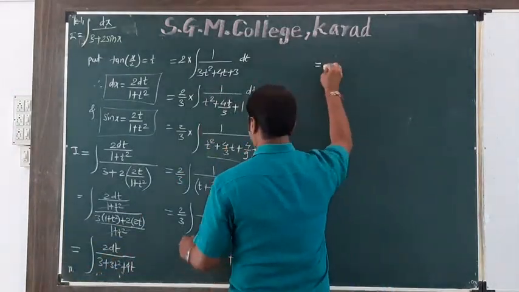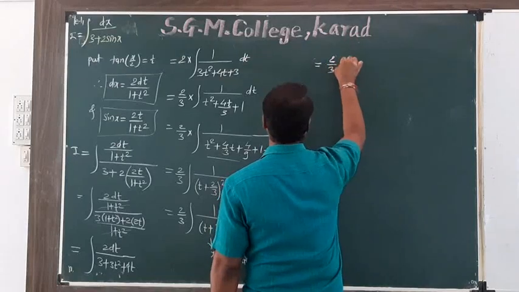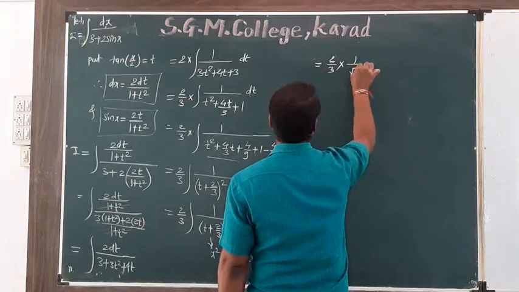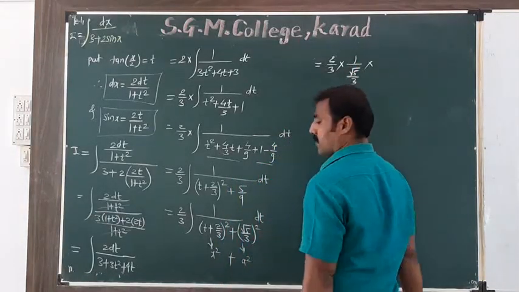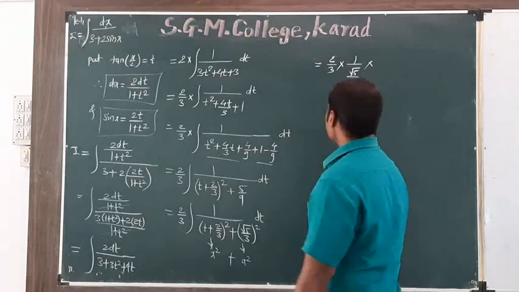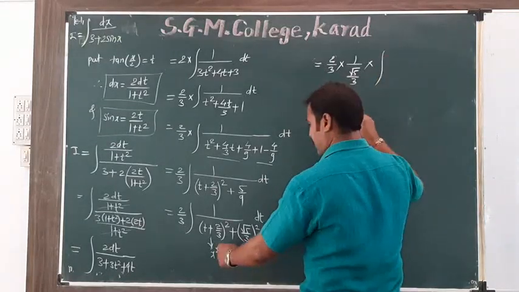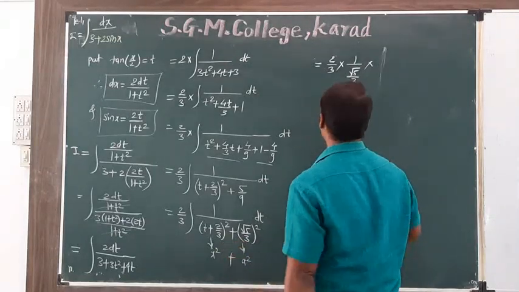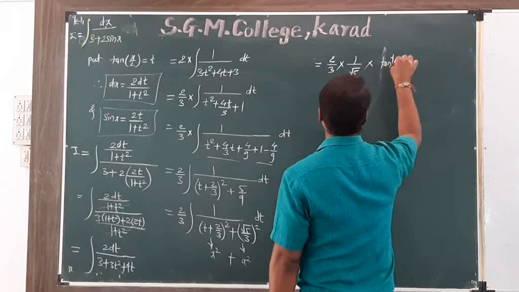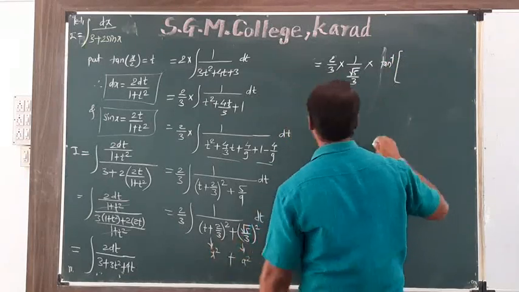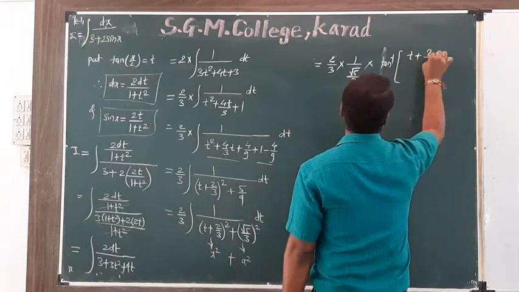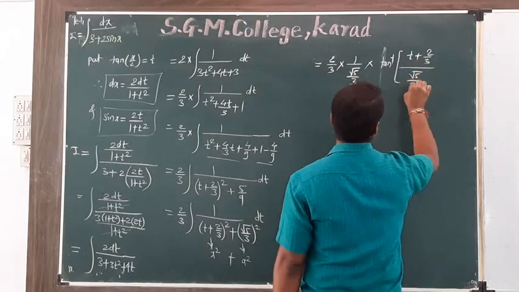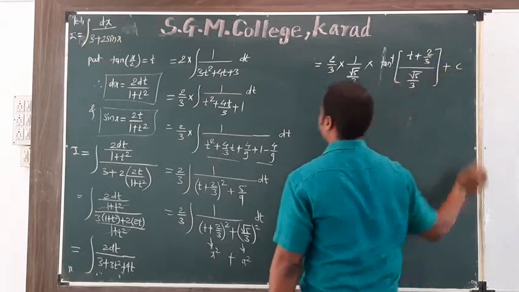Okay, so the integral becomes I is equal to 2 by 3 into 1 upon a, the value of a is root 5 by 3, into the integration, the formula is tan inverse of x upon a. Tan inverse of, what is the value of x? It's t plus 2 by 3, divided by, what is the value of a? Root 5 by 3, x divided by a, plus the constant of integration c.